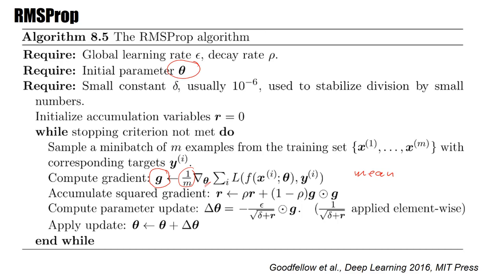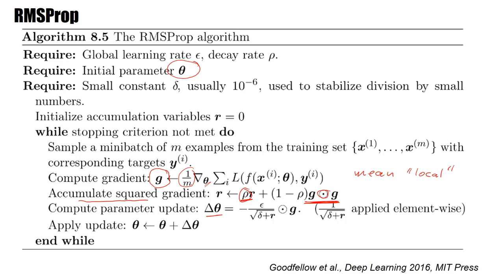And now I do this running average. I accumulate the square of this gradient, and this notation here means pointwise multiplication, and just means we look at the diagonal, gradient index i multiplied with gradient index i. And rho is just this, say, time scale of averaging. So the mean is local, just for one mini-batch, whereas the accumulated squared gradient has this parameter rho that characterizes the spread, the duration of this accumulation period.